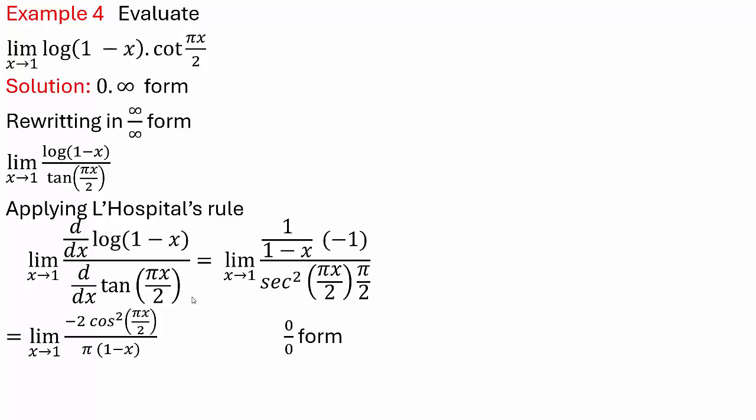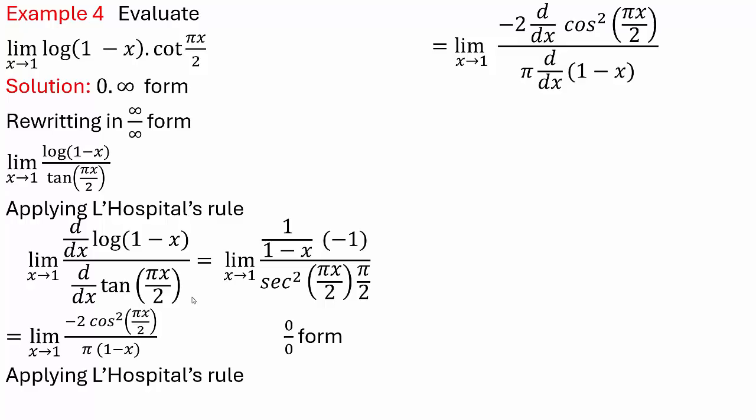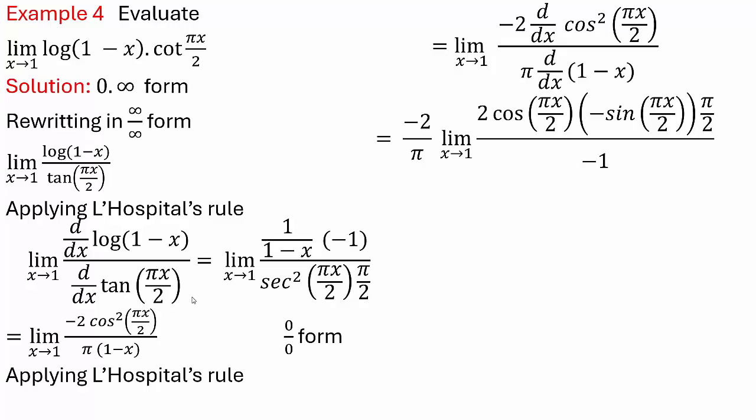Now it is a 0 by 0 form. As it is 0 by 0 form, we shall apply L'Hospital rule. Limit x tends to 1 of minus 2 into derivative of cos square pi x by 2 divided by pi into derivative of 1 minus x, which is minus 2 by pi taken outside of the limit into limit x tends to 1 of 2 cos of pi x by 2 into minus sine of pi x by 2 into pi by 2 divided by minus 1, since the derivative of 1 minus x is minus 1.